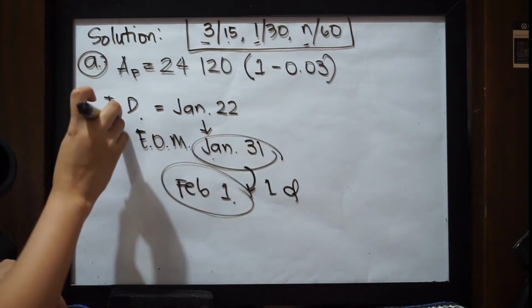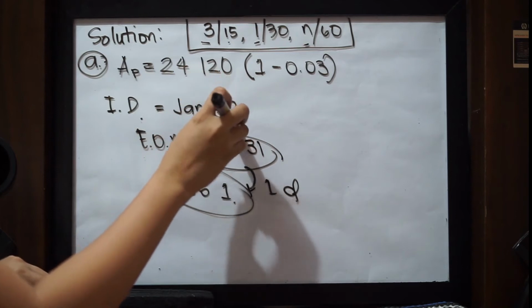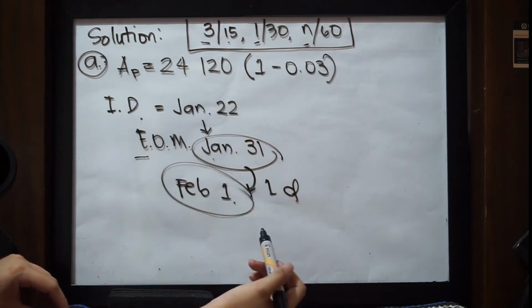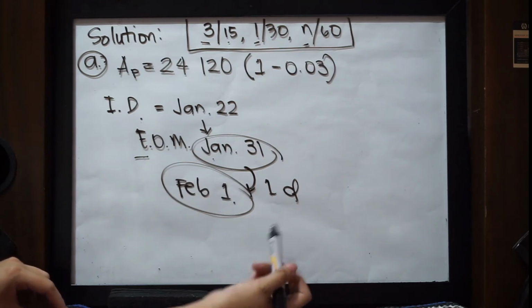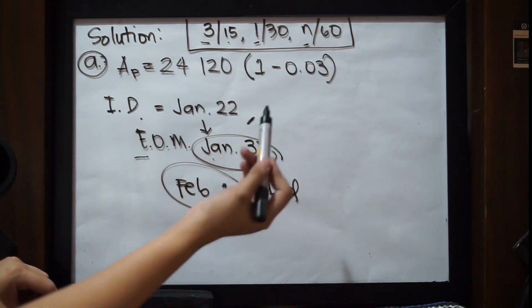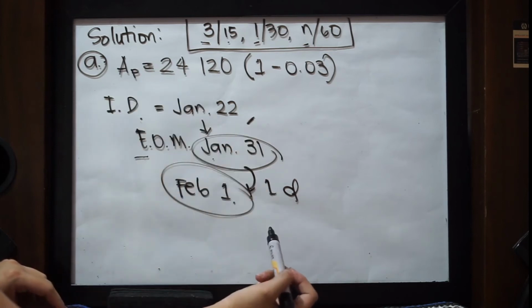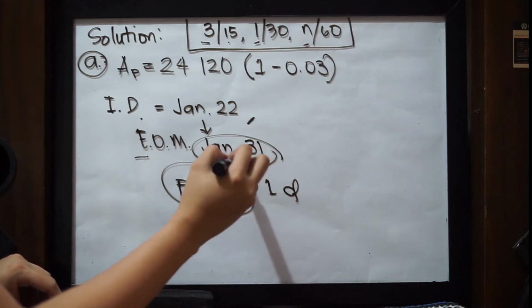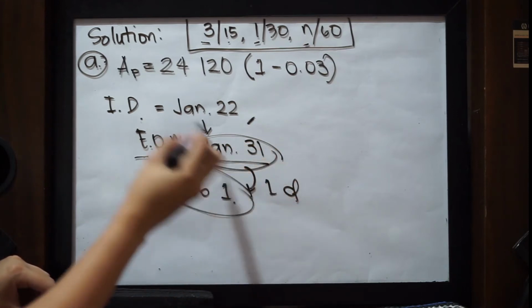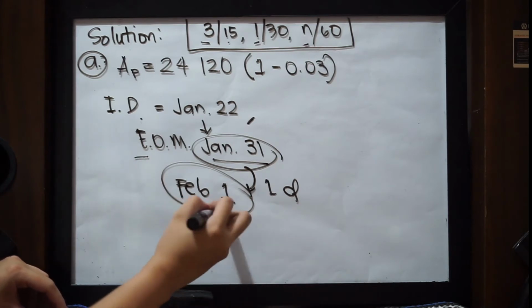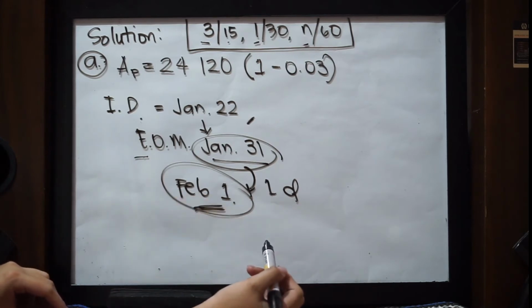Kasi going back to the invoice date na January 22, and then meron tayong EOM. Alam natin na this problem is under EOM. So, we have to shift that date to the last day of the given month, which is January. And the last day for January is 31. Then, this will become your new invoice date. Next, if they will pay on February 1, what discount will be applicable for February 1?